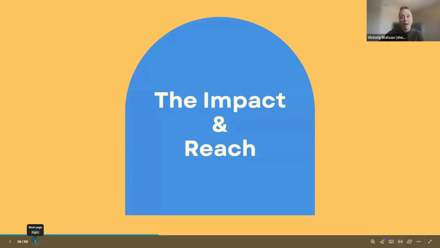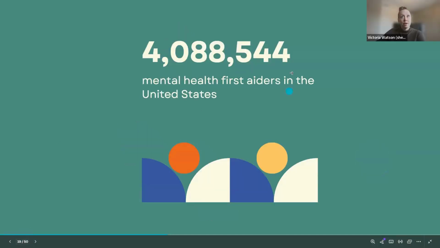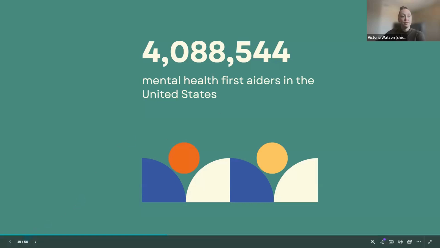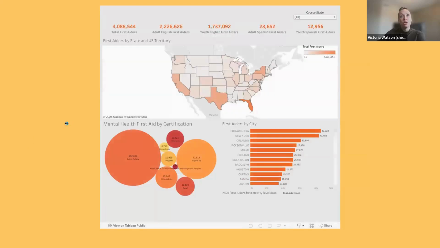So a little bit more about the impact and the reach of mental health first aid. So like I mentioned earlier, over 4 million mental health first aiders have now been trained in the United States alone, and that number continues to rise. This is a neat map, might be a little hard to see, but this is the United States and what states have seen the most mental health first aiders trained.